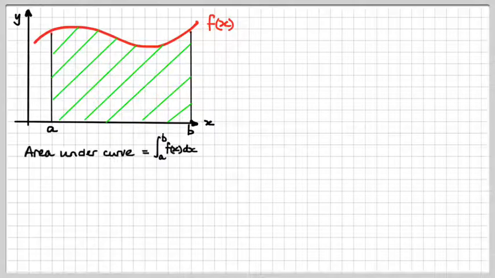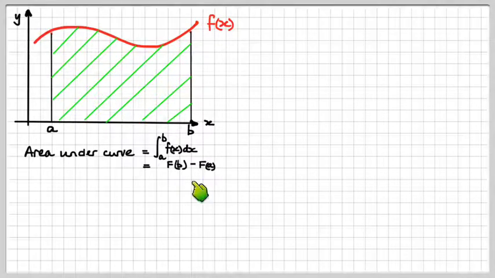So let's just take it and play with it a bit more so we can see how to deal with it. The area under the curve, well, it's actually the signed area under the curve, but it is an area under the curve, is the integral, or the antiderivative, they mean the same thing, of f of x with respect to x, or, you know, the heights times the widths, right, between A and B. That's what it is.